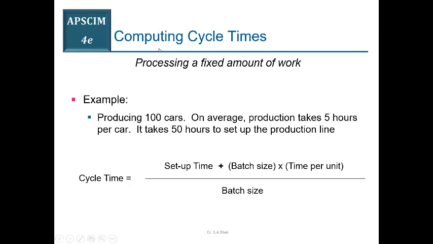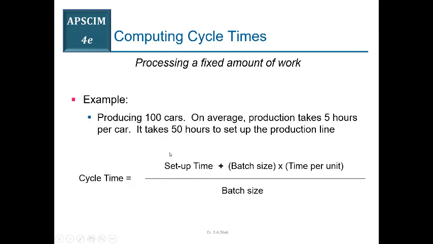How will you find the cycle times? In the previous videos, we used the standard formulation in line balancing techniques. For processes, the same methodology is used, but another entity is associated with a process, which is what we call setup time.